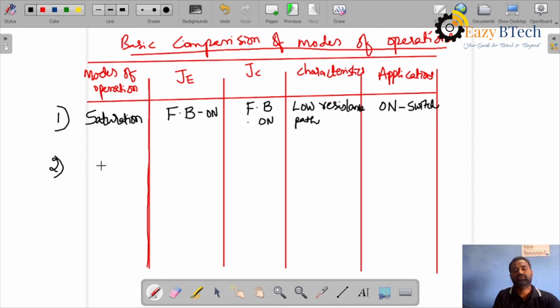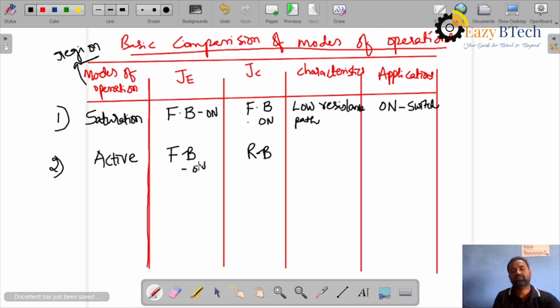Second. Active. That is, we will call it active region. Under active region, JE junction is forward bias. JC junction is reverse bias. This on, this off.